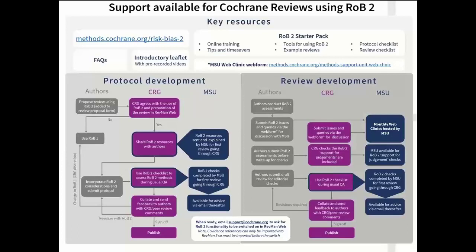You can't use a mix of the two. Authors and CRG staff can decide to switch to using risk of bias 2 in an update, but it really will depend on that specific review and how many studies have already been included and how many they expect to find for the next update.